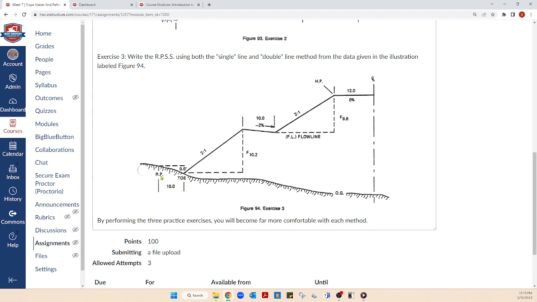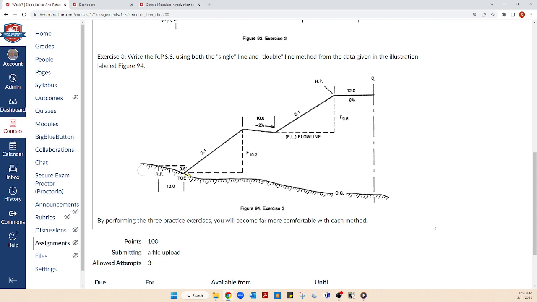So reference point to slope stake would be fill 10.2. First it would be cut or minus 0.6 at 10 feet. In 10 feet minus 0.6, or in 10 cut 0.6 to set your toe stake.